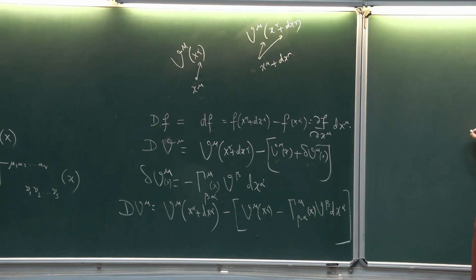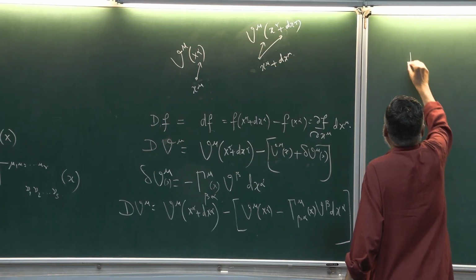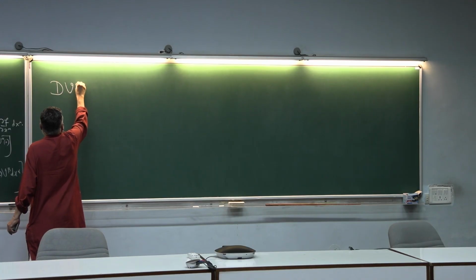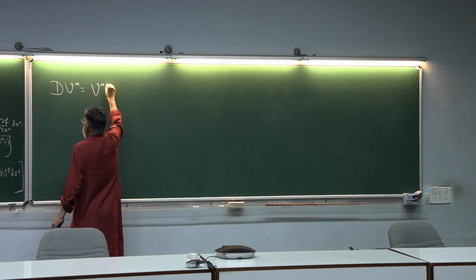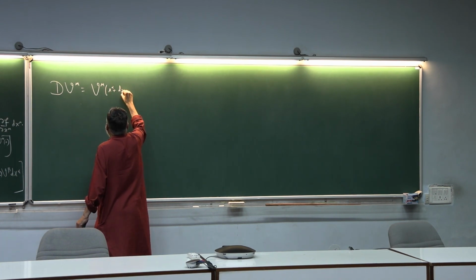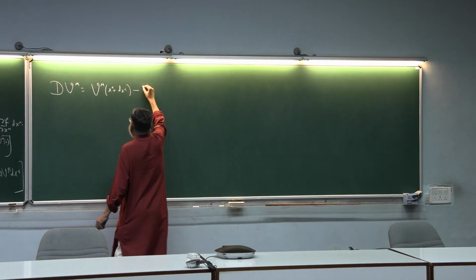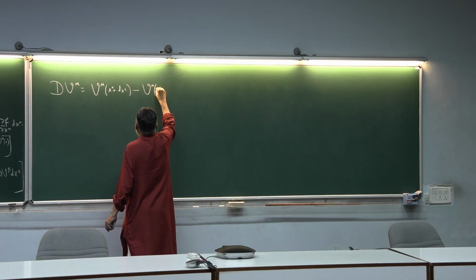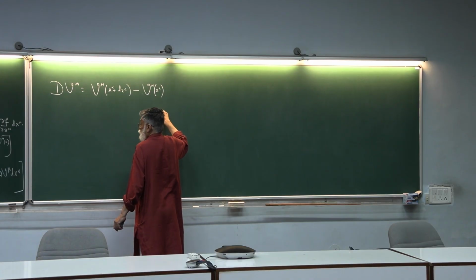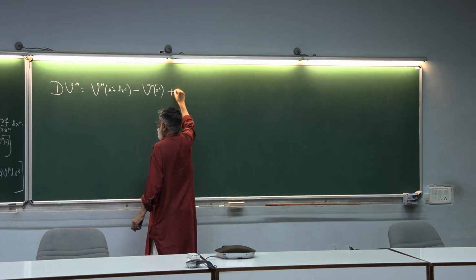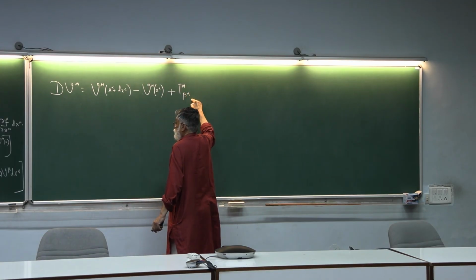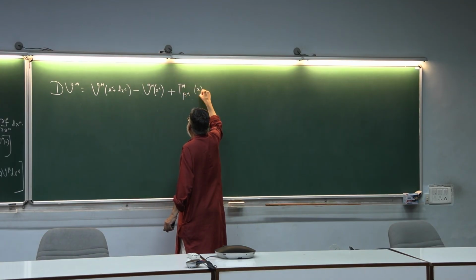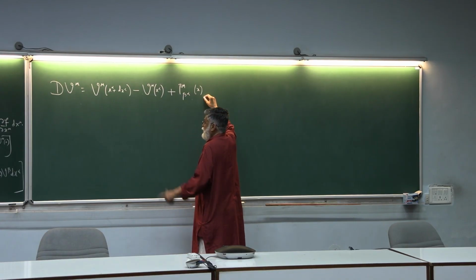So therefore, what we have got is D of v mu plus gamma mu beta alpha, by x I mean x alpha.